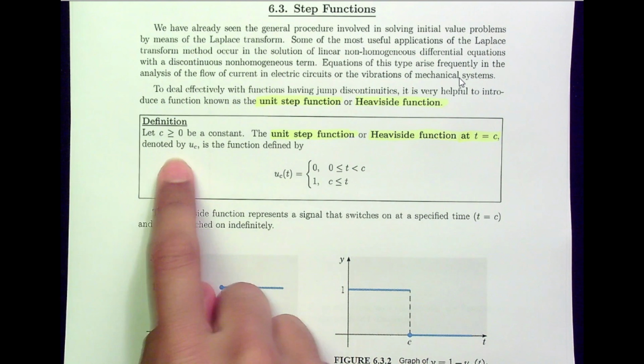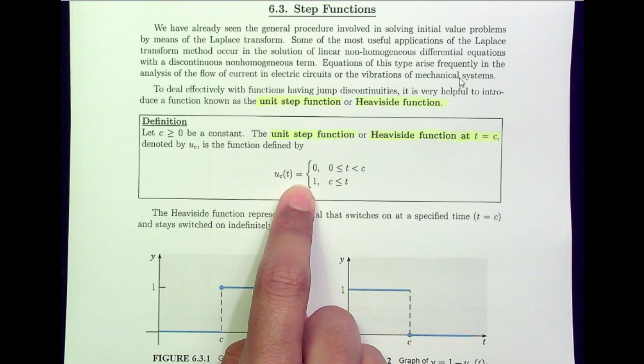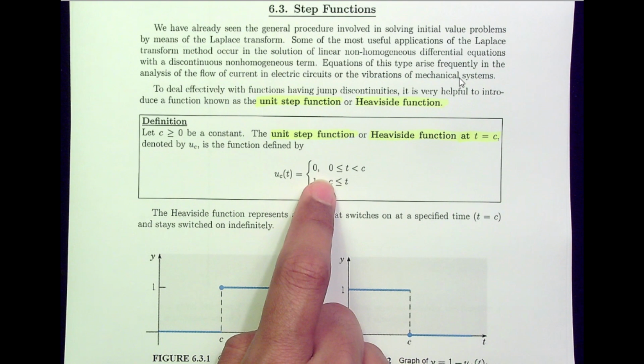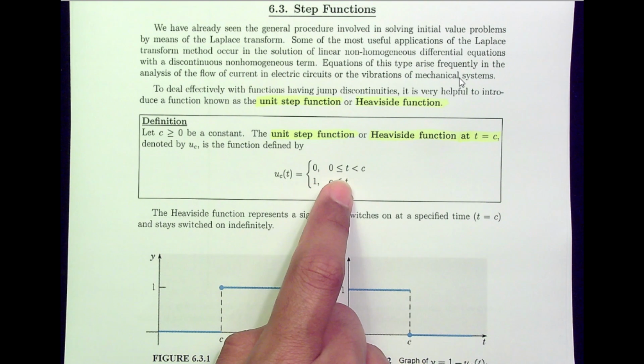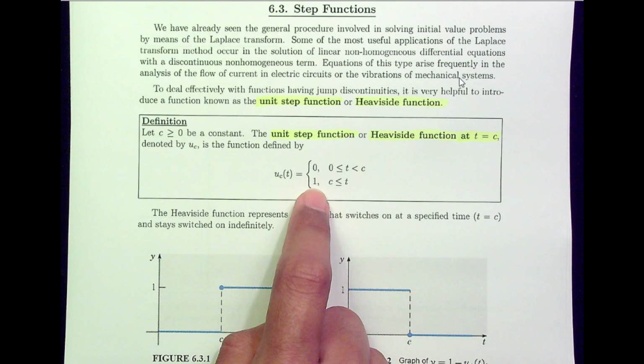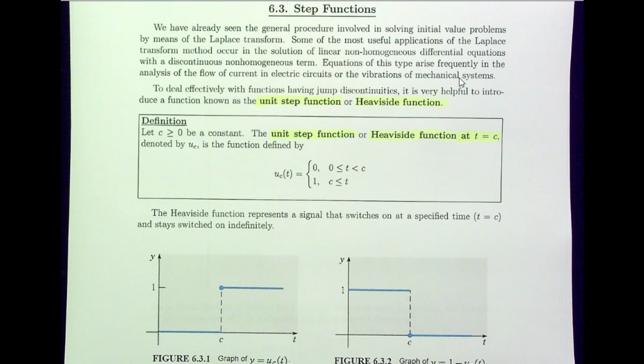So u_c is defined as follows. u_c evaluated at t is going to be 0 if t is between 0 and c, but not c, so strictly less than c. And then starting at c and onwards, it is 1. So it's a function that is 0, 1.